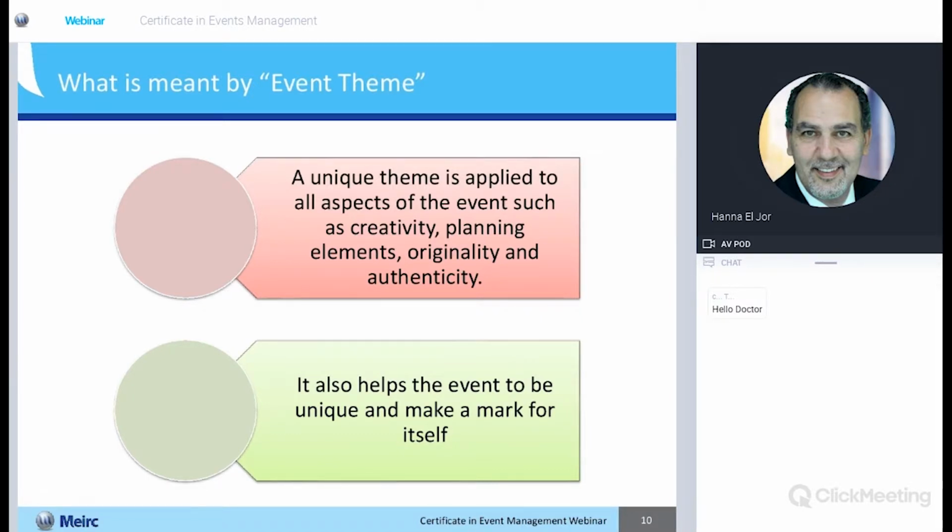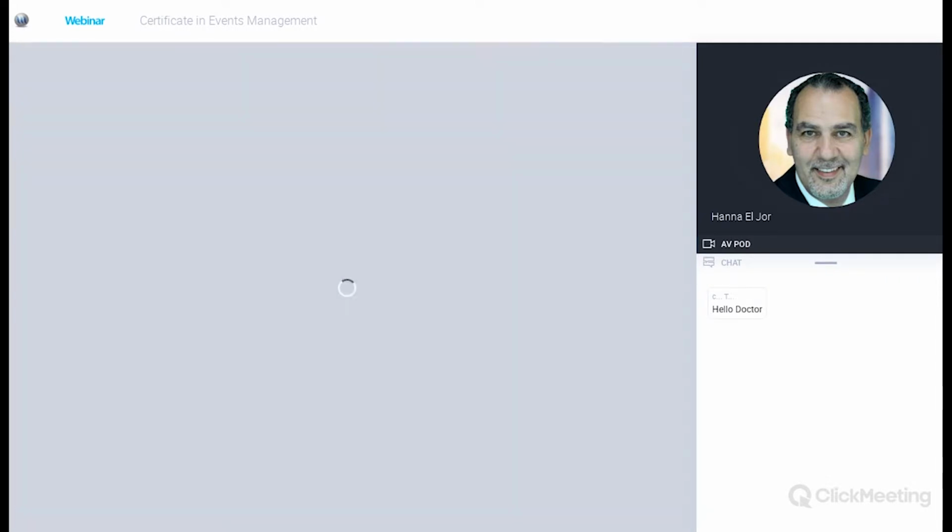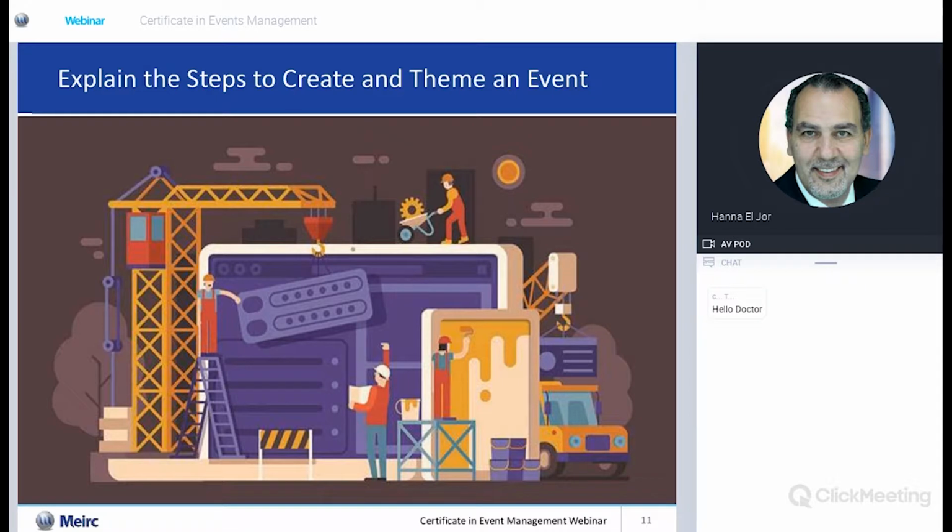How original and authentic the theme is will give the event a boost to be attractive, to motivate people to come and participate in this event. It also helps the event to be different from others. The trademark of the event, if we think deeply about the theme, will make a big difference in making this event unique and a different mark from other events.